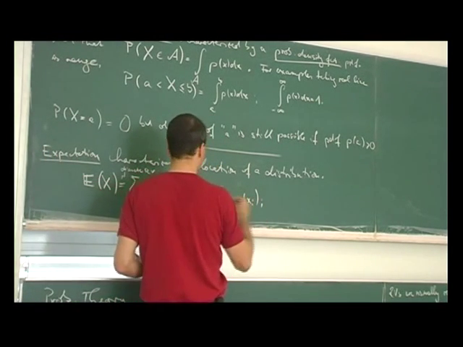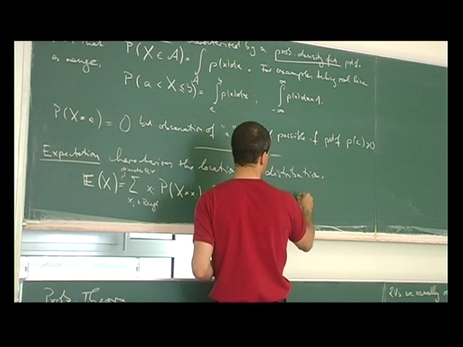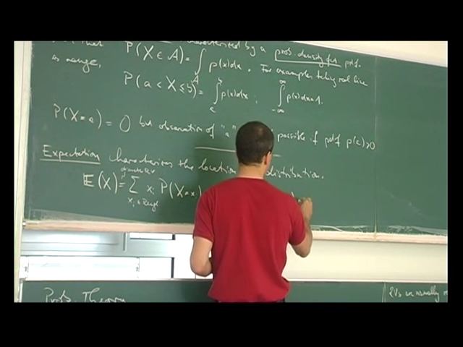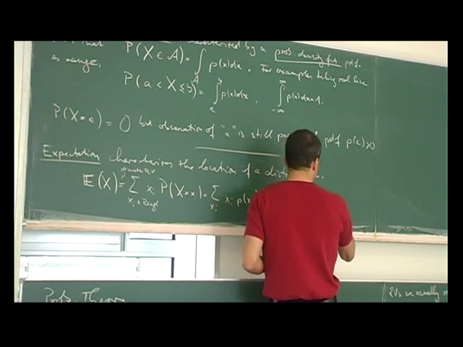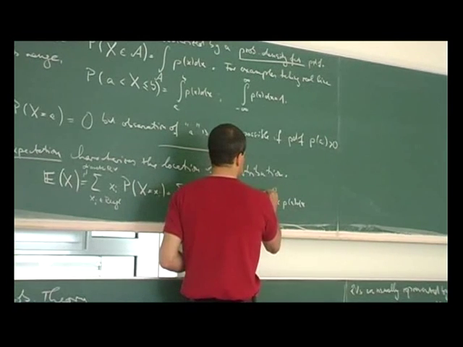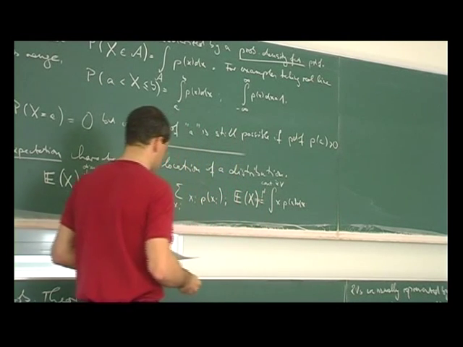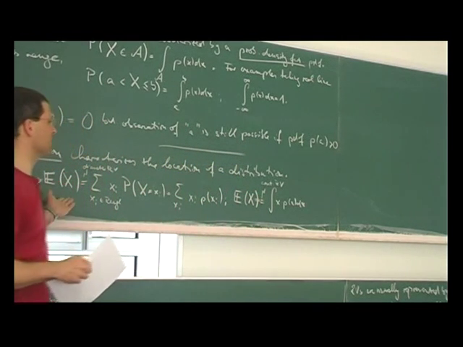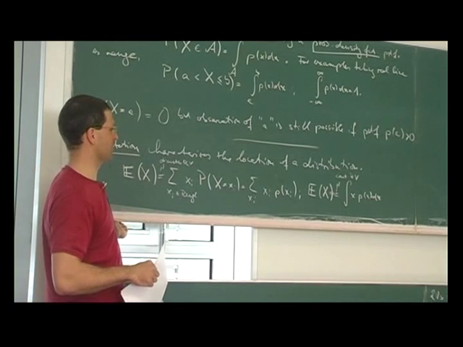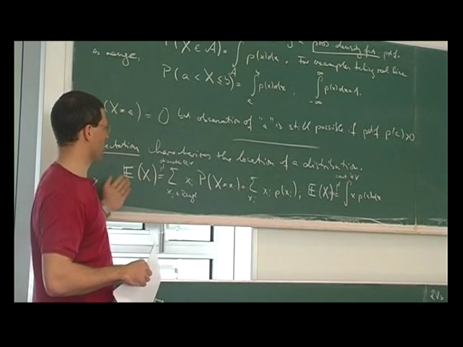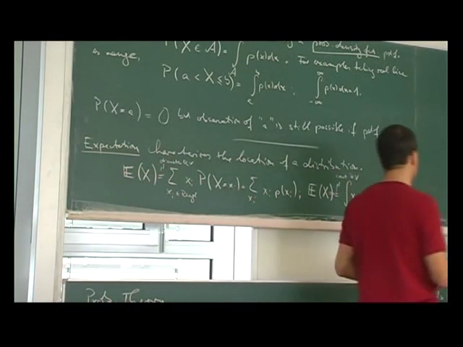If we're looking at a continuous random variable, we have an integral instead of the summation. Okay, and intuitively, this gives you the center of mass of a probability mass function or probability density function. So it's also called the first moment, it tells you where a distribution lies.